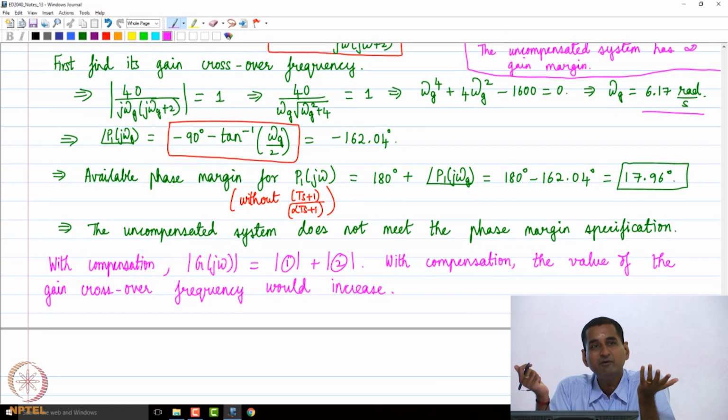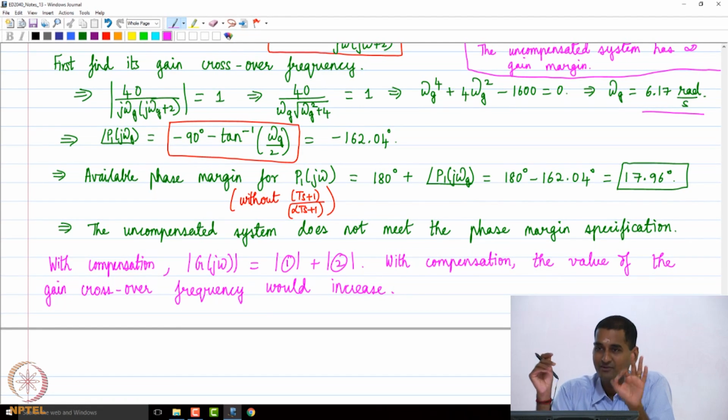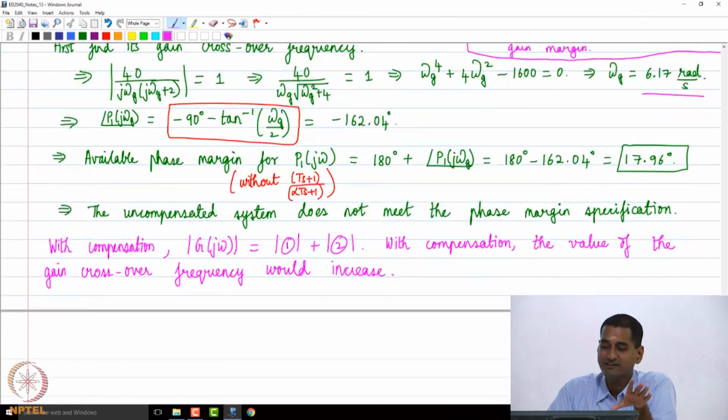So although we may want to provide a 50 degree phase margin, the effective phase margin would be lower because of the shift in gain crossover frequency. So let me repeat these points once again. Let's go through these points once again.